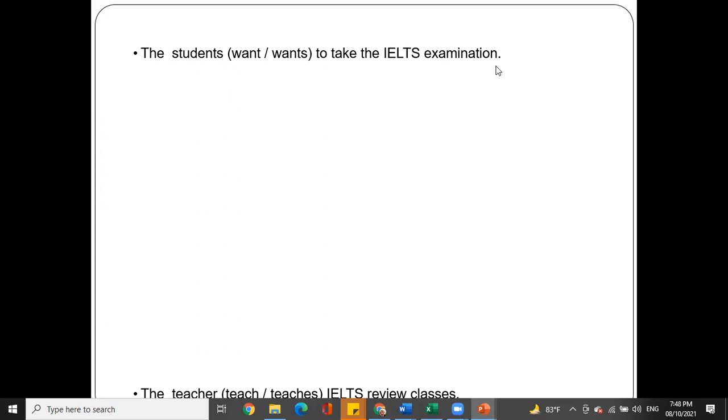You want to take the IELTS examination. You is singular, but the students, that's plural, and they both take the verb want. So don't think of it as singularity or plurality. Just think of it as he, she, or it. As easy as that. The only time we add S or ES to the verb is when the subject is he, she, or it.